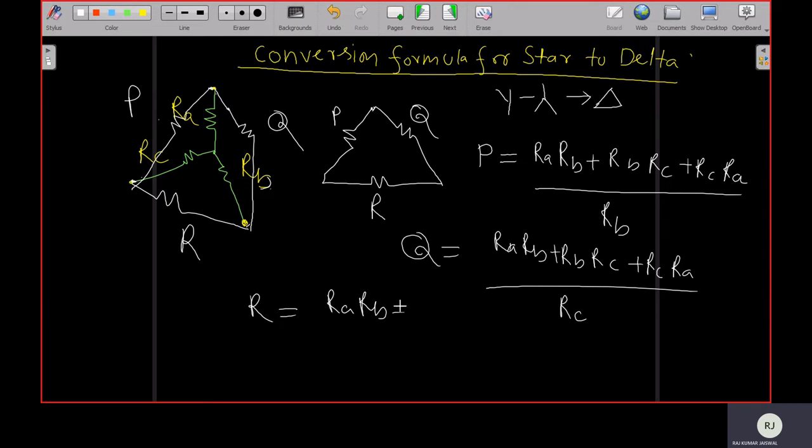Again we write RA RB plus RB RC plus RC RA divided by RA. Okay guys, we write it this way. This is the formula for star to delta conversion.